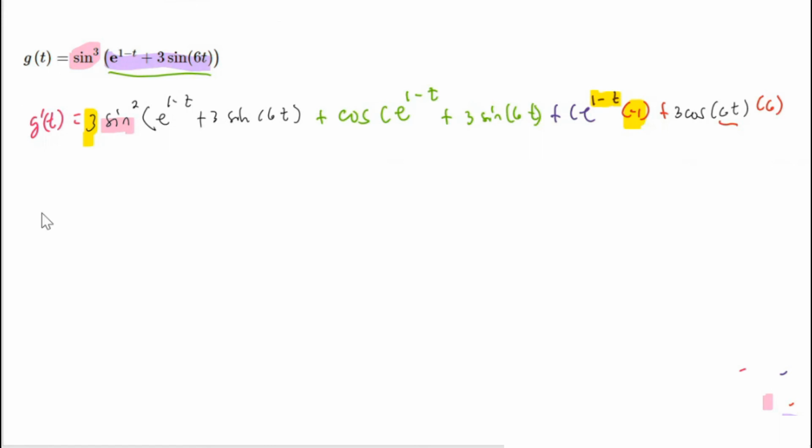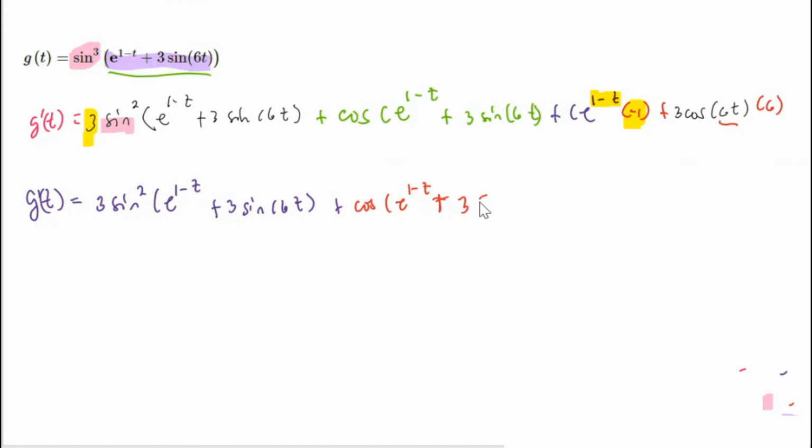So our final answer now will become g prime of t is equal to 3 sine squared of e raised to 1 minus t plus 3 sine of 6t, times the cosine of e raised to 1 minus t plus 3 sine of 6t.